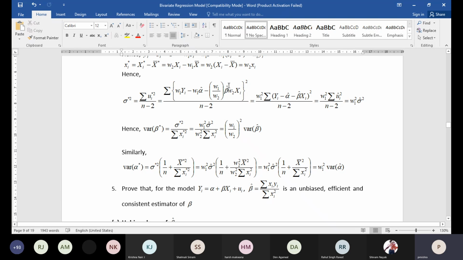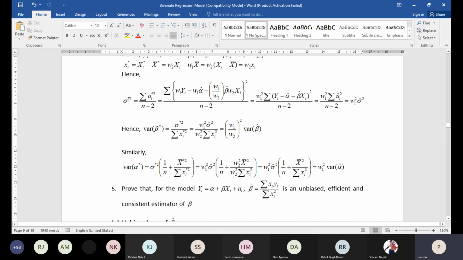Because we know small xi star is equal to W2 small xi. So small xi star square would be equal to W2 xi square. And then we need to take summation on both the sides. So it would be W2 square into summation of small xi square. And this is what we have replaced.